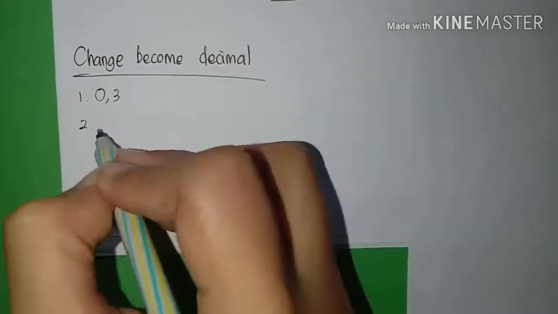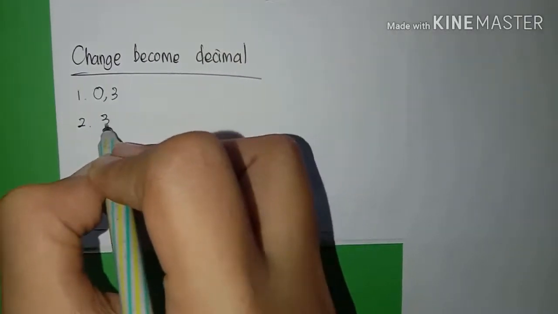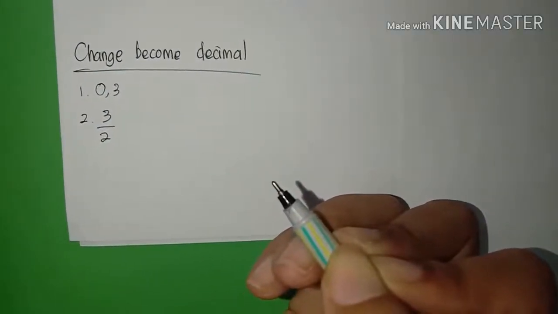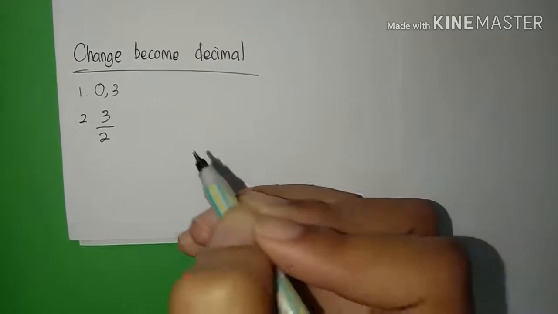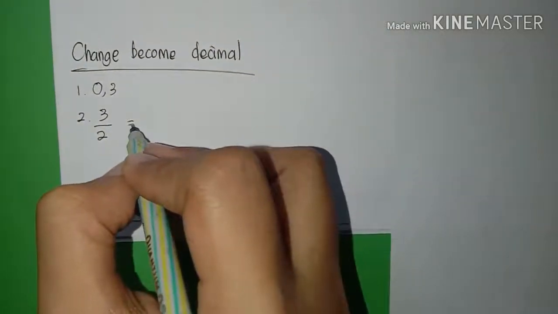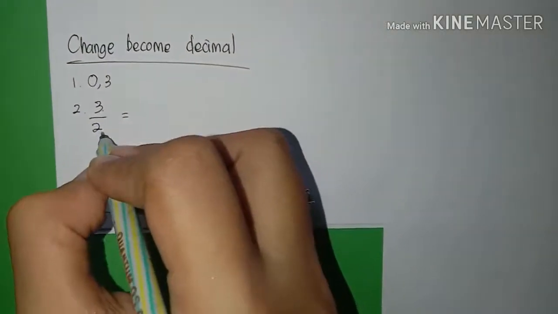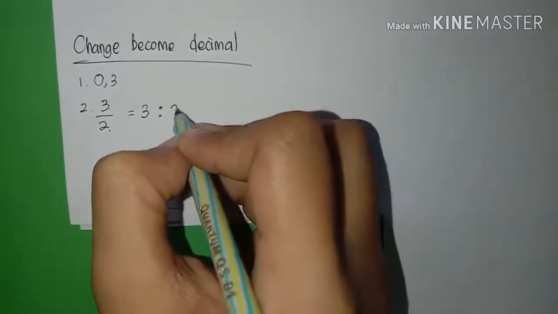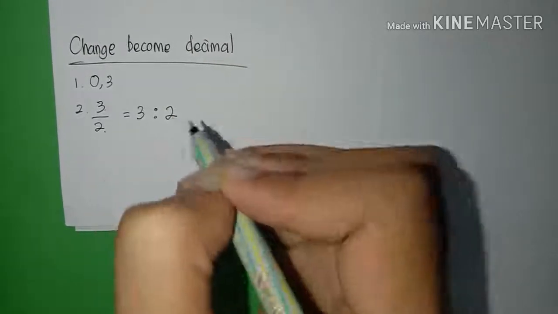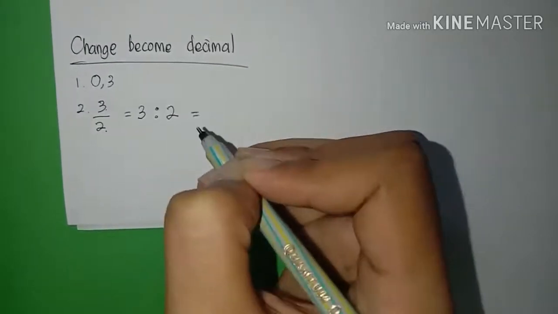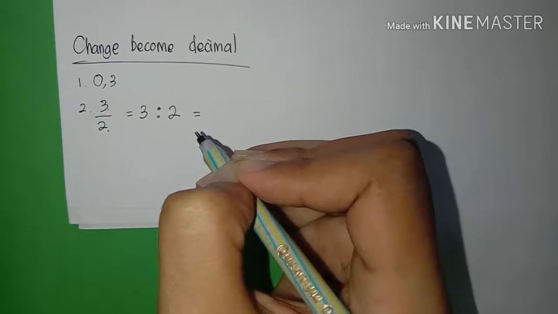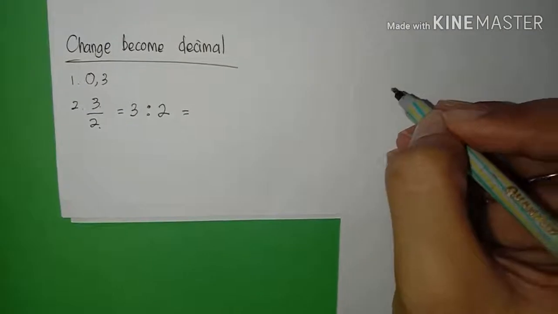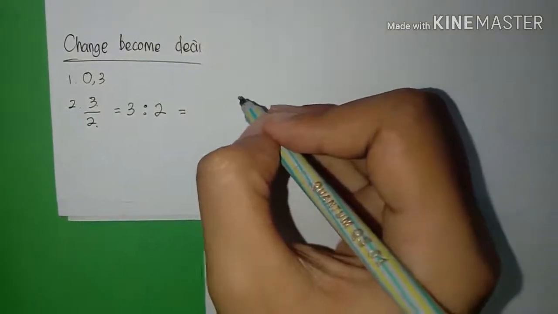The second pattern is a fraction, 3 of 2, so we can change it to decimal. 3 of 2 is the same as 3 divided by 2. How do we count it? We can do it by long division. Let's see the way.